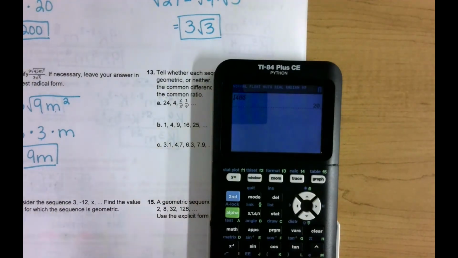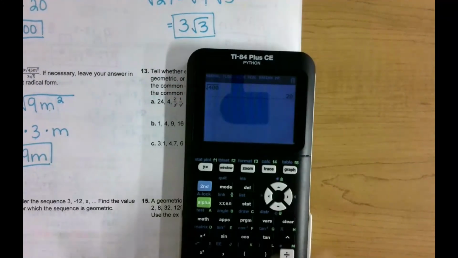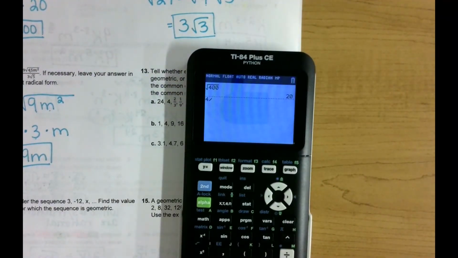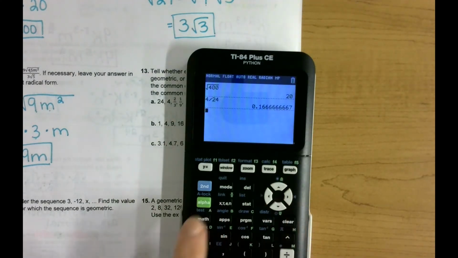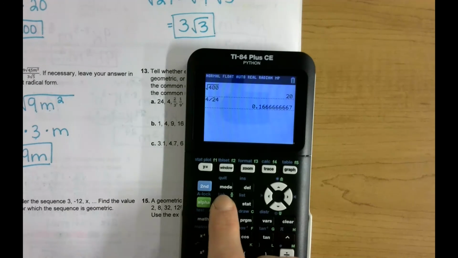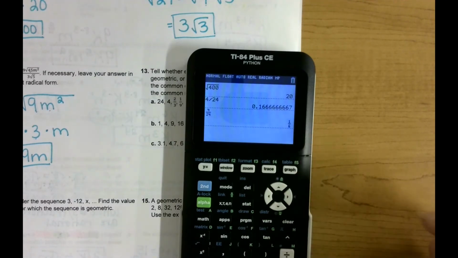If it's hard for you to tell though, do both types of checking. So first, if I think it's geometric, I'm going to divide. I'm going to take 2 consecutive terms, so like 24 and 4, and I'm going to divide 4 divided by 24. Now it's going to give me a decimal, so I'm going to put it in fraction mode, hit that green alpha and the button to the right, and I'm going to do 4 over 24, so that it'll keep my answer in a fraction. 1/6.